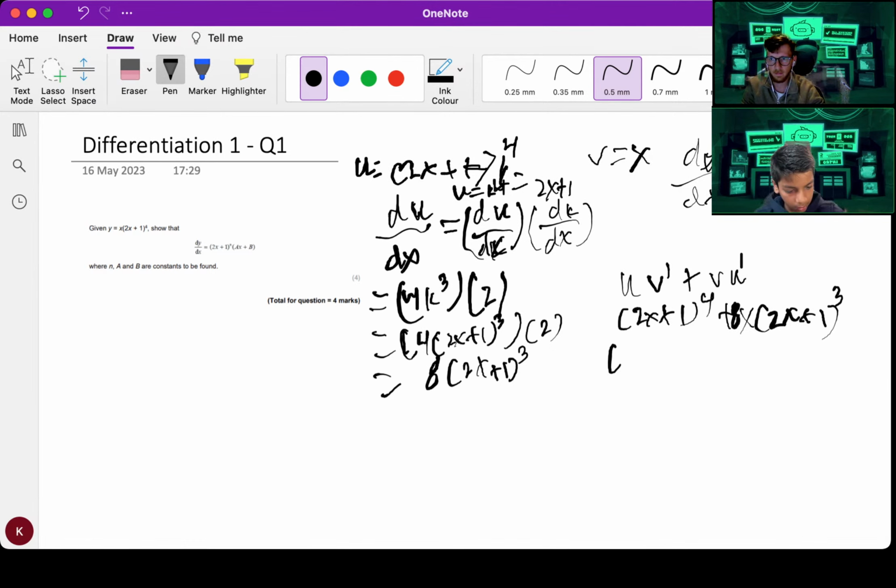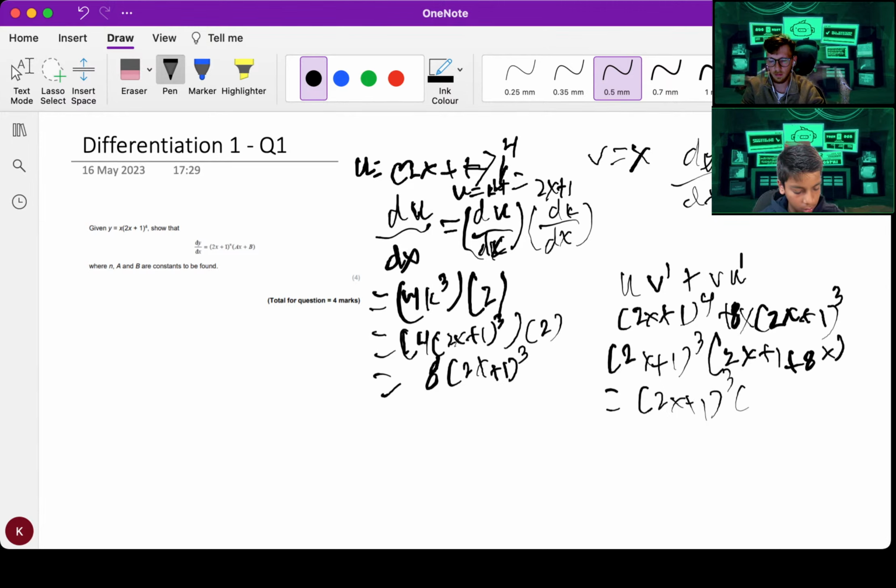If we factorise (2x plus 1) cubed, it's (2x plus 1) cubed times (2x plus 1 plus 8x), that is (2x plus 1) cubed times (10x plus 1).